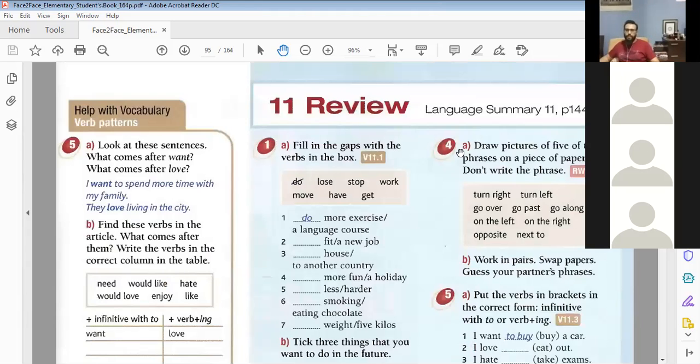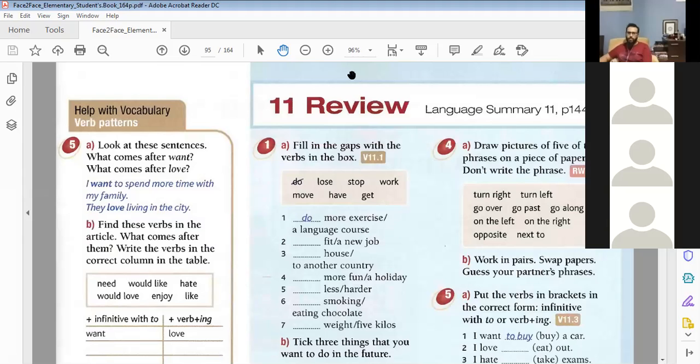So fill in the gaps with the verbs in the box. We have lose, stop, work, move, have, get. Okay, so number 1, do more exercise, do a language course.